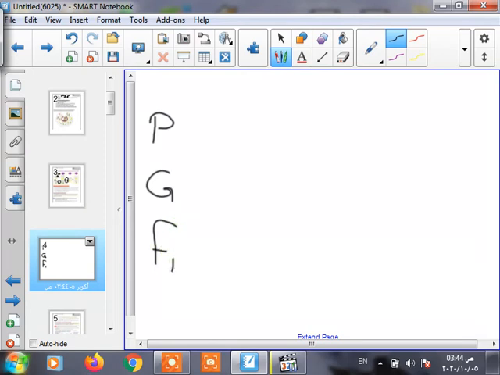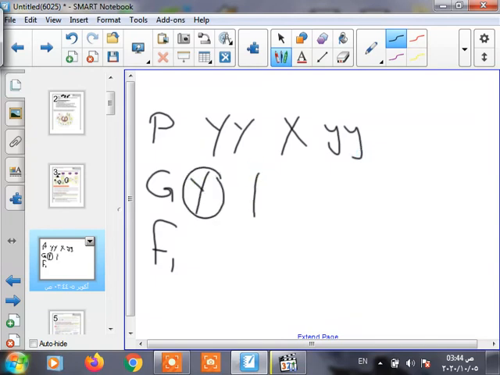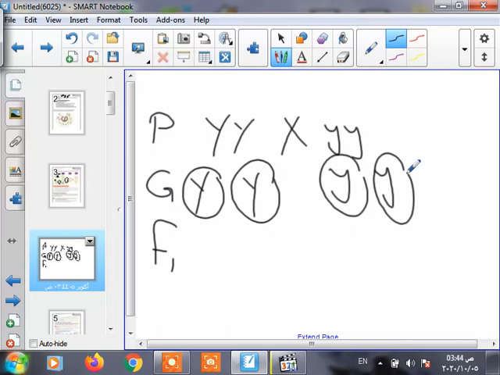What is the offspring? It will be Y capital Y small, Y capital Y small, Y capital Y small, Y capital Y small. So I have 100% Y capital Y small. What is the color? It's yellow, but it's not pure because it has two different genes. So it's called hybrid. Hybrid means it has two different genes.